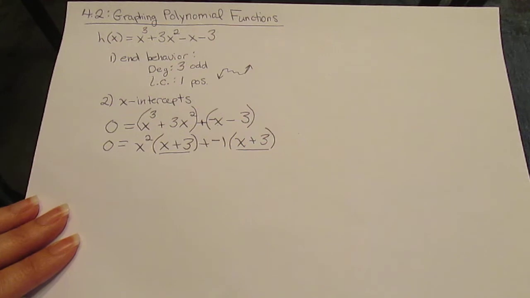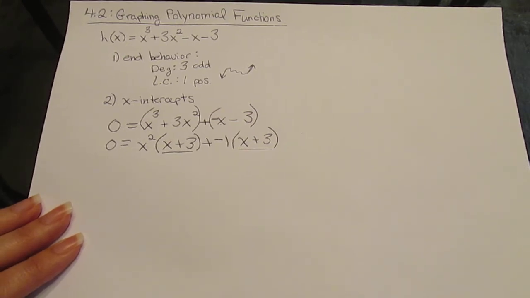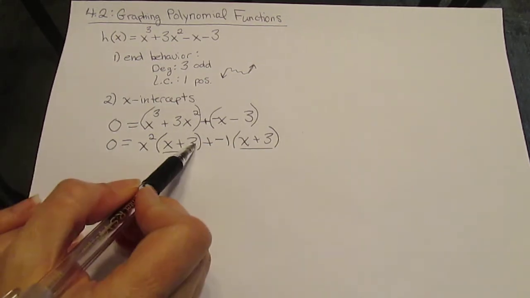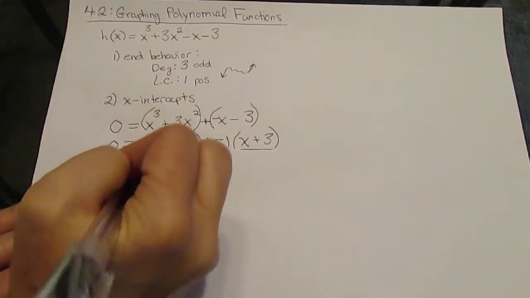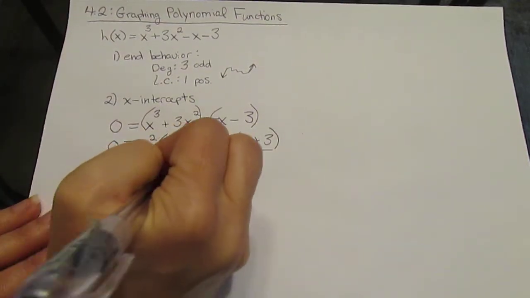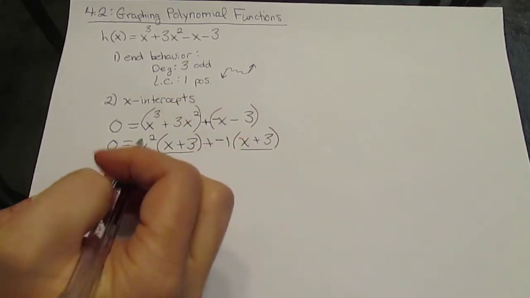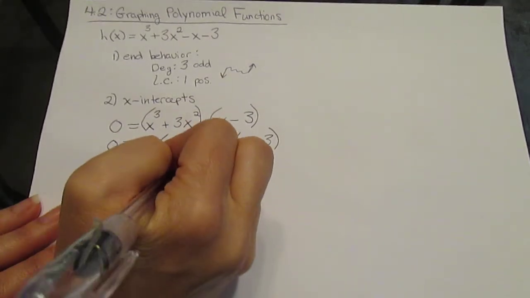If they're not, look back at the problem, see if there was something more that you could take out. And worst case scenario, maybe it's not a good factor by grouping problem. But this one worked. So I'm now going to factor out the x plus 3. So we have x plus 3. And we have left over x squared minus 1.